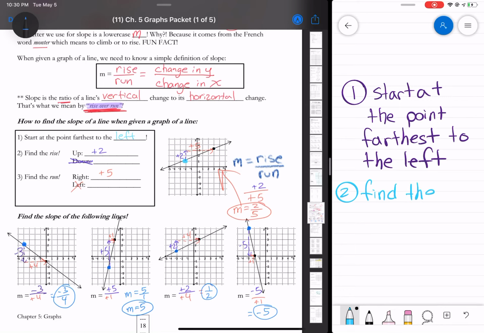Find the rise. Now I'm also going to draw these arrows, right, for my hint. Up means positive, down means negative. Because then my third step is going to be to find the run. And again, I'm going to put those arrows, that line, to help me. This is negative, that's positive. If I continue to follow these steps on a graph, I'll be able to find any slope.